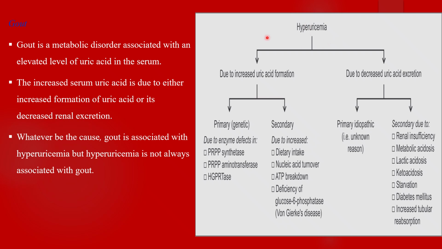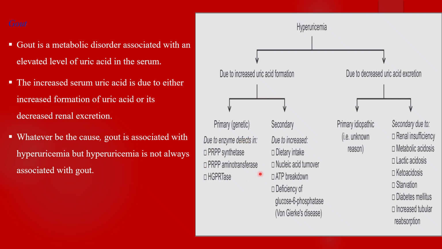So what can be the causes of this hyperuricemia? They can be primary causes or secondary causes. Primary causes can be due to enzymatic defects. We have seen in purine de novo synthesis these three important enzymes in the pathway: PRPP synthetase, PRPP aminotransferase, and HGPRTase, which is the enzyme of the salvage pathway.